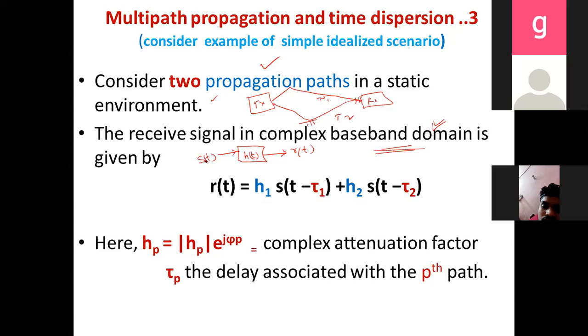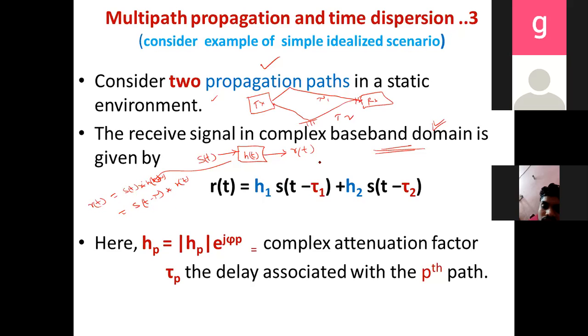In the time domain, r(t) equals the convolution of s(t) with h(t). I can put this tau either here or here, there is no problem: t minus tau, the delay. Usually we write s(t minus tau) convolved with h(t).